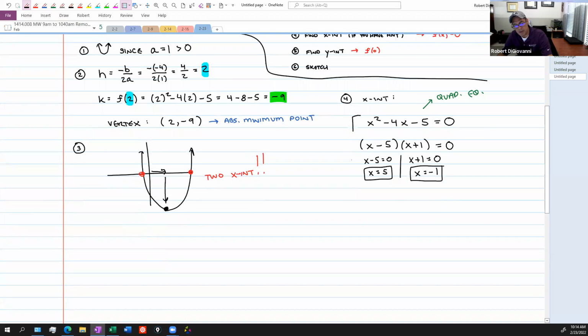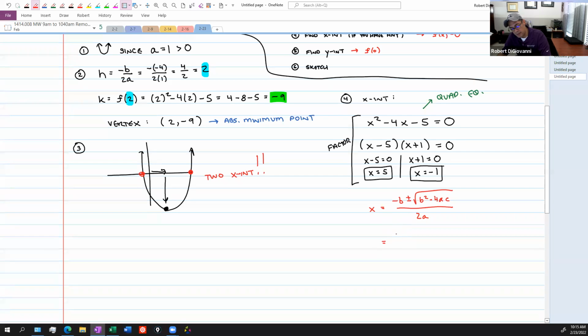Now, this is me doing the factoring approach. If I were to instead use the quadratic formula, then I would have to go back to last class and use this formula. X is negative b plus or minus the square root of b squared minus 4ac all over 2a. Now, I'm not going to show this work. I'm just going to write down what you would plug in.